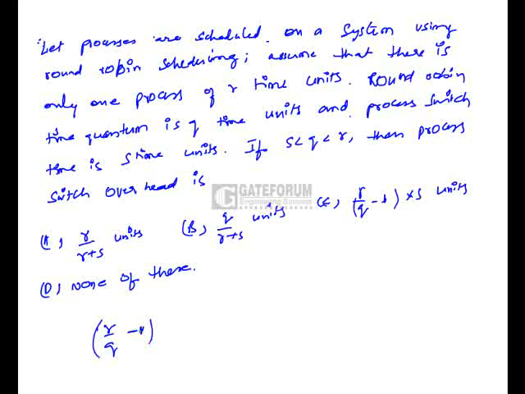Why minus 1? Because the first time there will not be any switch overhead. Total R by Q minus 1 switches will be there, and the switch time is S time units. So R by Q minus 1 into S is the switch overhead. So here the correct option is option C.